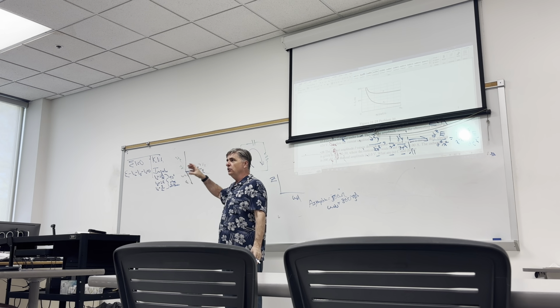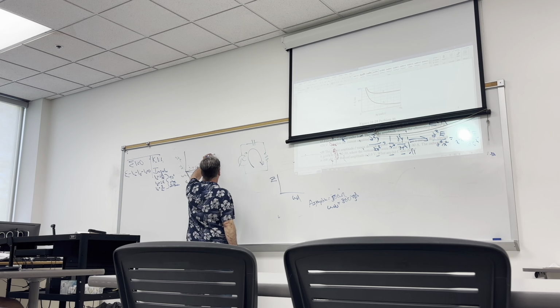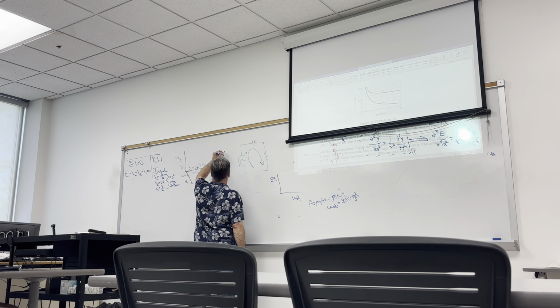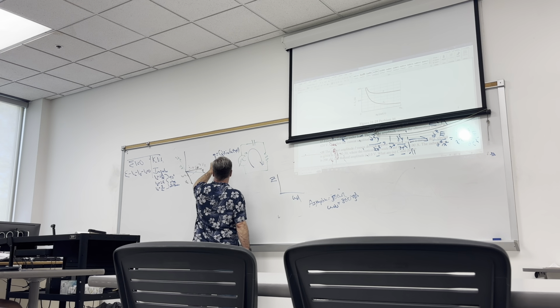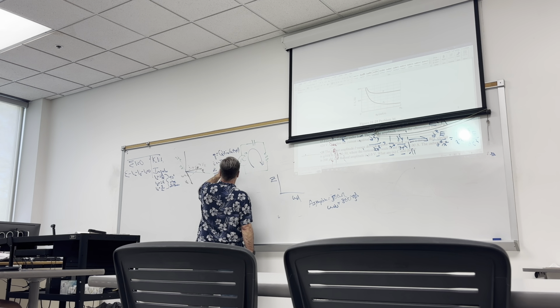You can start with Q is equal to Q maximum, right? And then make an I out of that. Negative I cosine, di by dt then is negative di by dt maximum sine of omega t plus the phase angle.